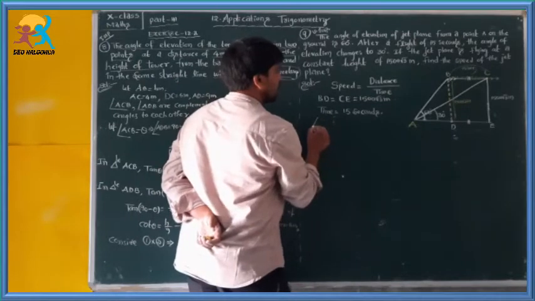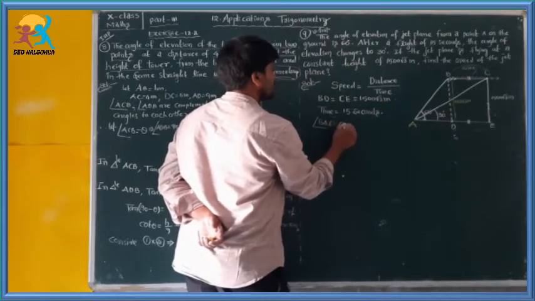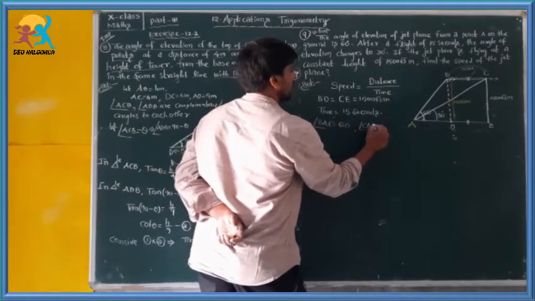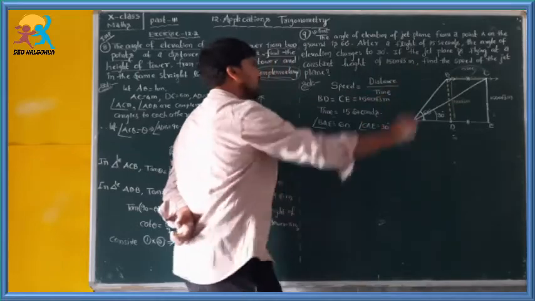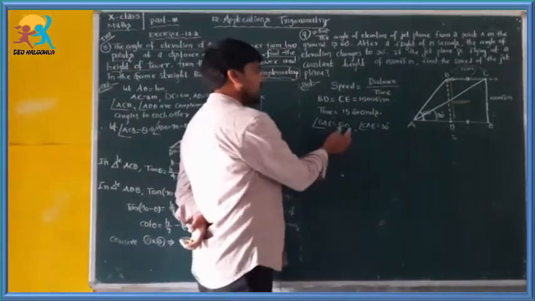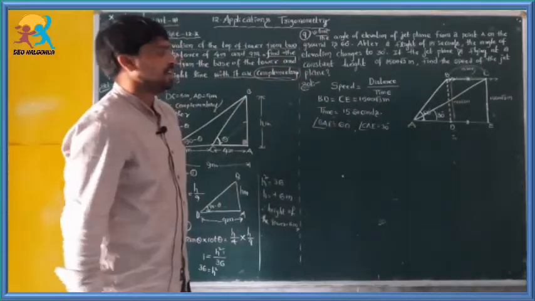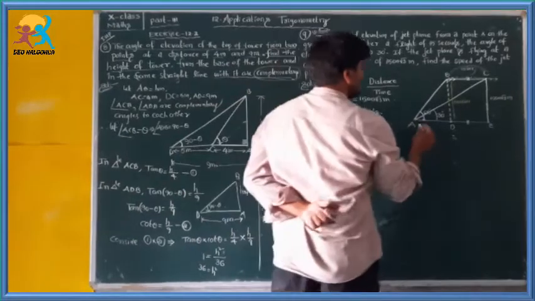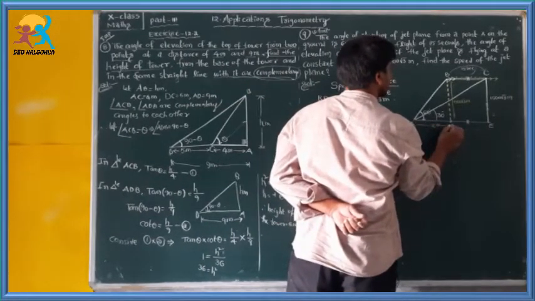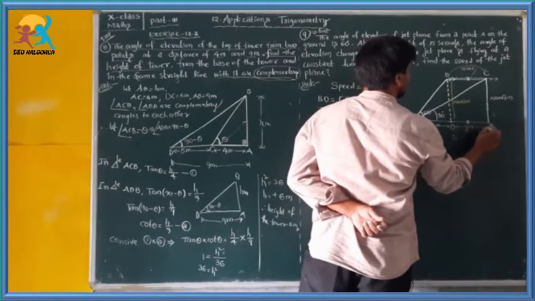That is, the angle of elevation BAE is 60 degrees and another angle of elevation CAE is 30 degrees. Right now we are having two right angle triangles, one having 60 degree angle of elevation, and another one having 30 degree angle of elevation.